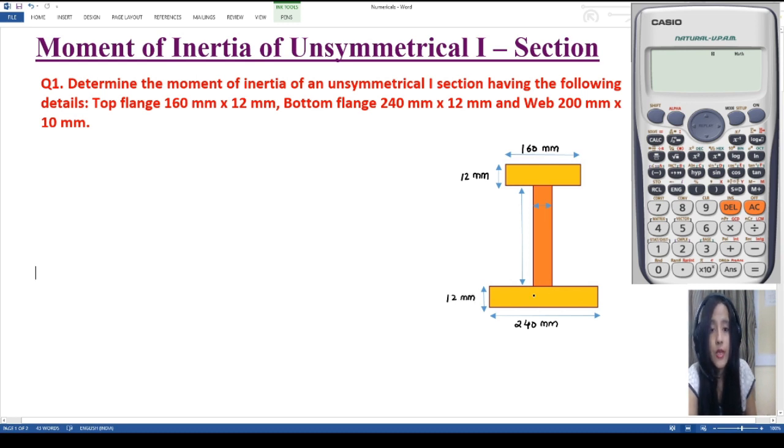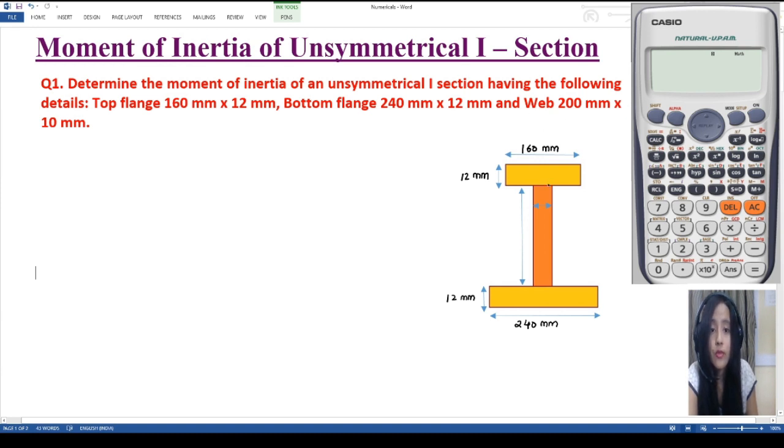As you can see, the top flange and bottom flange are not equal. The dimensions are different. That's why this kind of I section is known as an unsymmetrical I section. Now let us see the dimension of the web portion.